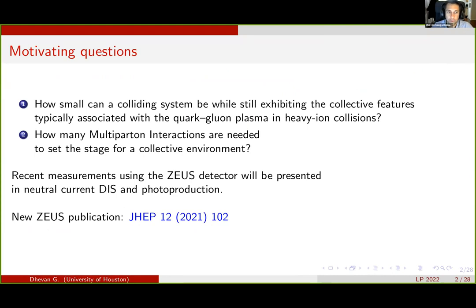And then the second part of the analysis is about multi-parton interactions. We try to understand the relationship between MPI and this collective environment that's observed in heavy ion collisions and also in smaller hadronic collisions. So I'll be presenting recent measurements with the ZEUS detector in both neutral current DIS and photo production. And we have a new publication on this subject.